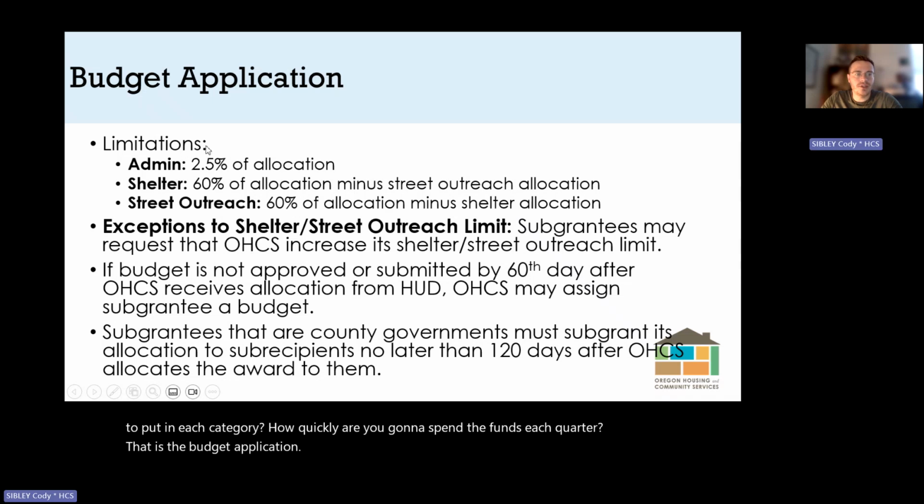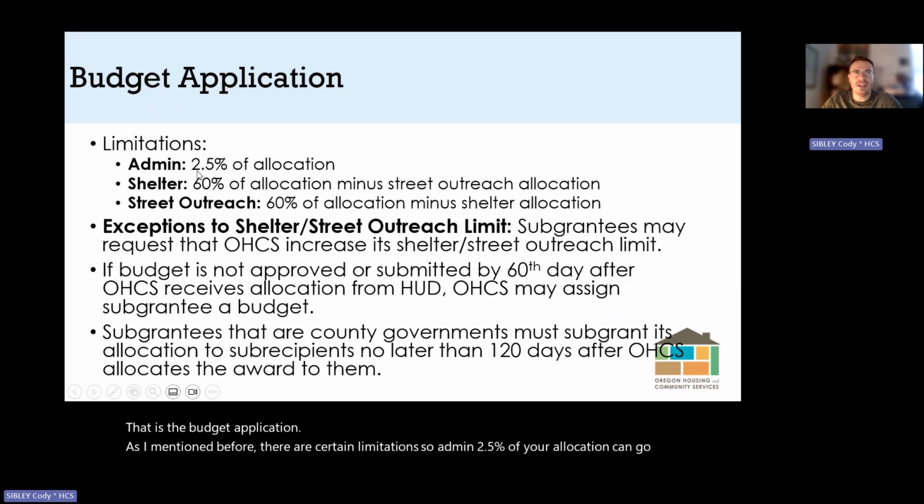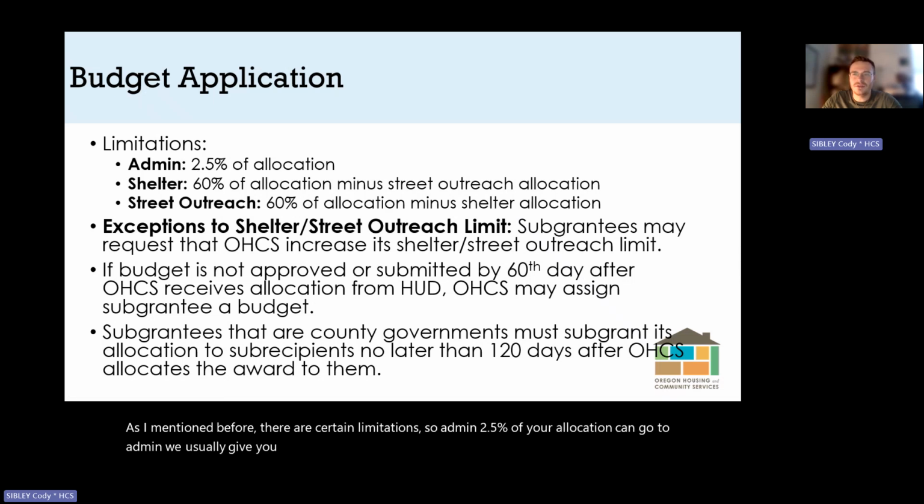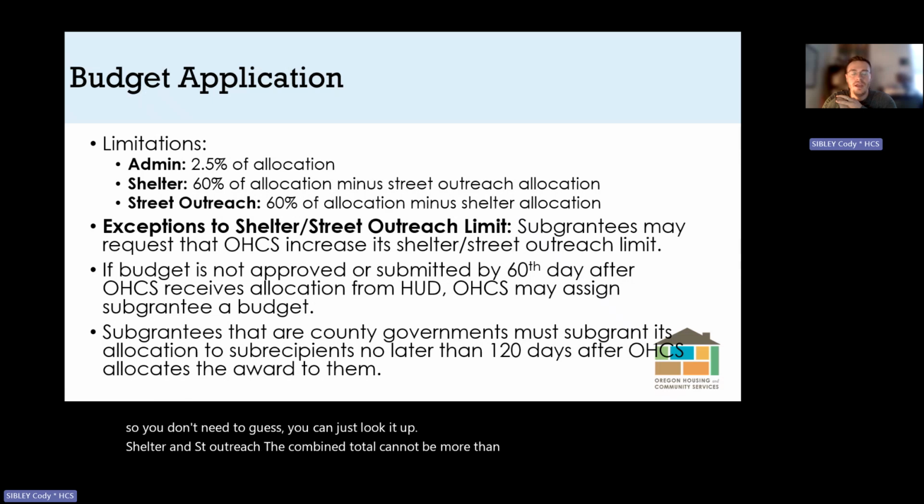As I mentioned before, there are certain limitations. So admin, 2.5% of your allocation can go to admin. We usually give you the specific dollar amounts in the allocation tables each fiscal year, so you don't need to guess. You can just look it up. Shelter and street outreach, the combined total cannot be more than 60% of your allocation.